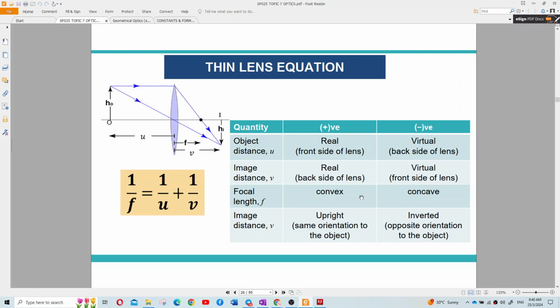Inverted is if magnification is negative. I think this is image height, not image distance. Image distance is the one before. This one was wrong. So image height, if upright, is positive. If image height is inverted, it's negative.